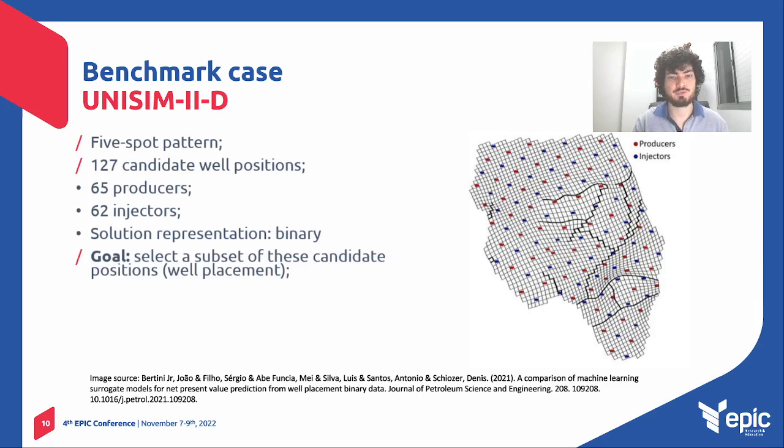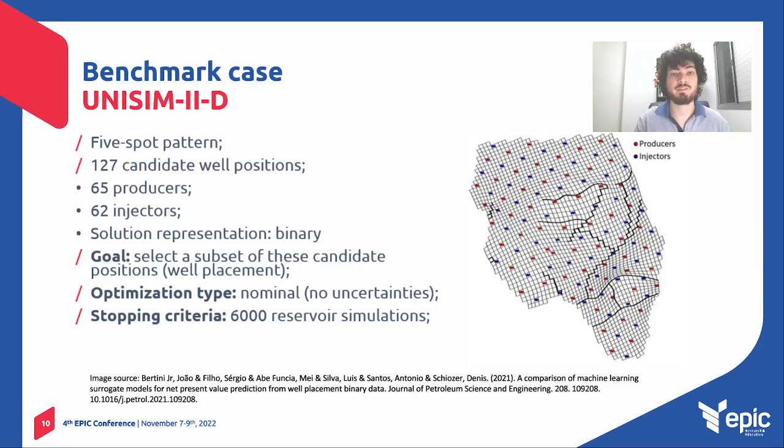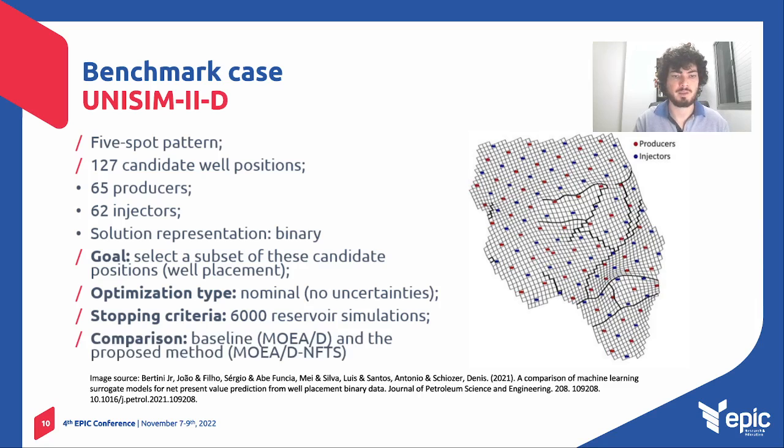The goal here is to select a subset of these candidate positions, becoming a well placement problem. The optimization type is nominal, so we do not consider uncertainties. The stopping criterion is 6,000 reservoir simulations, and we compare a baseline algorithm, MOID, and our proposition, MOID and FTS, that incorporates diversity preservation.